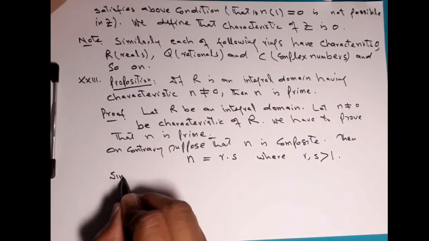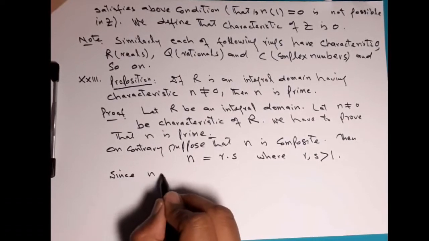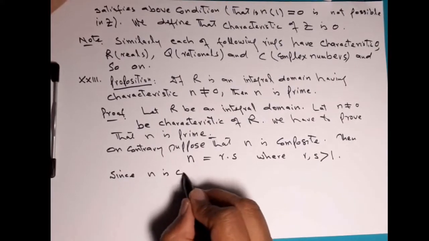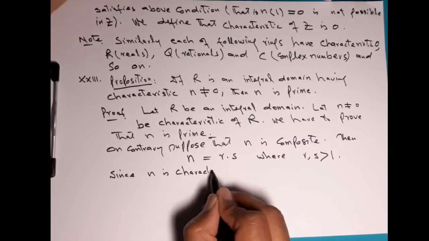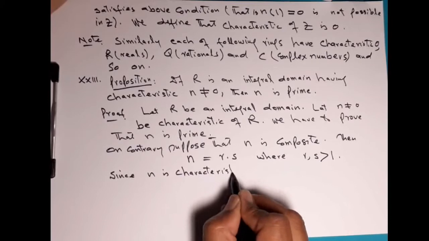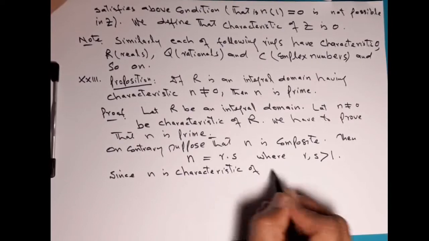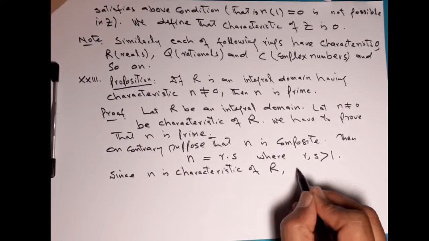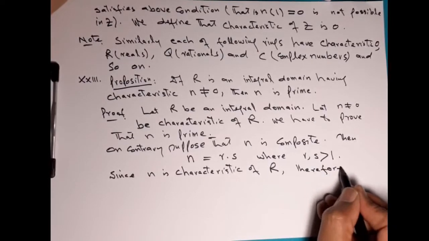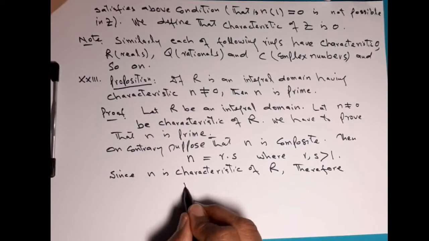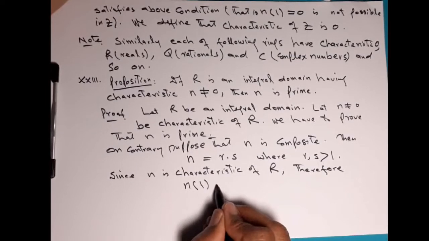Since n is the characteristic of R, therefore n multiplied with 1 is equal to 0.